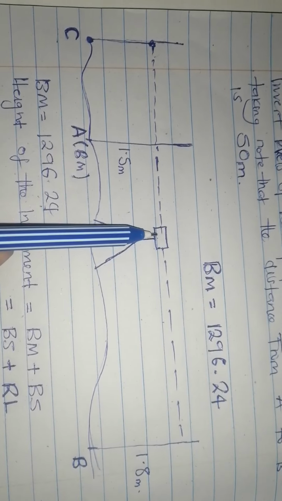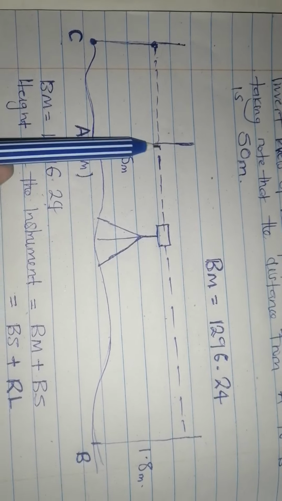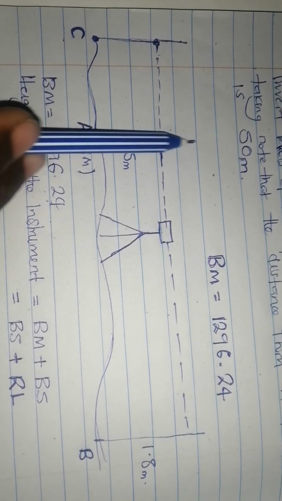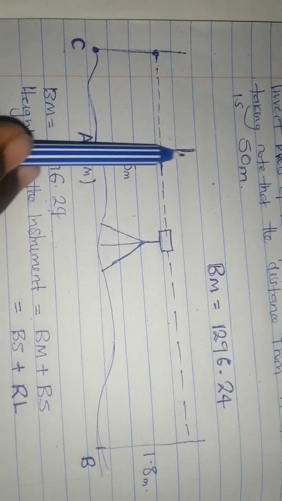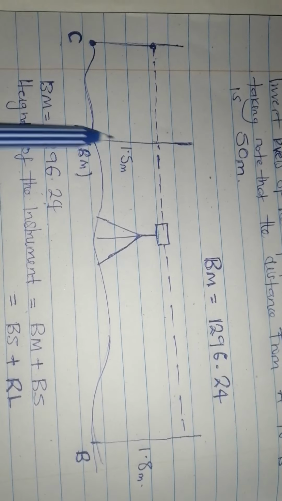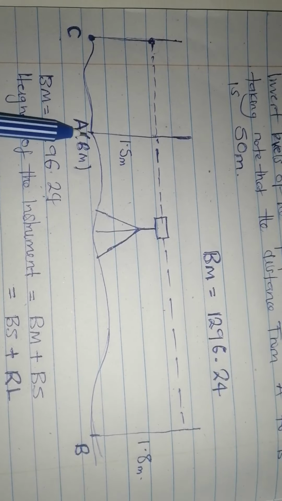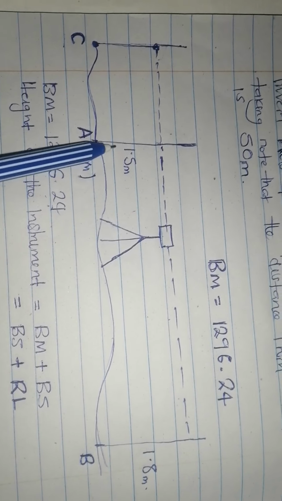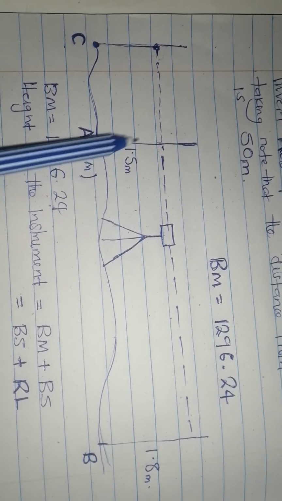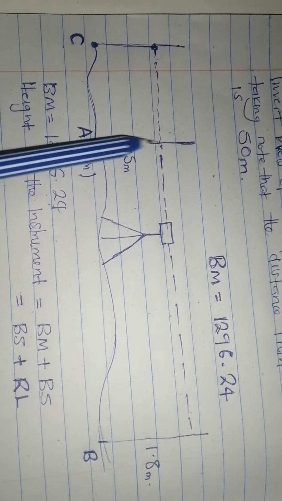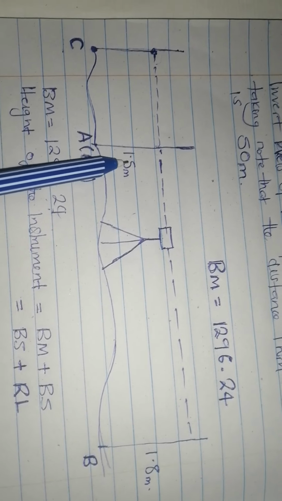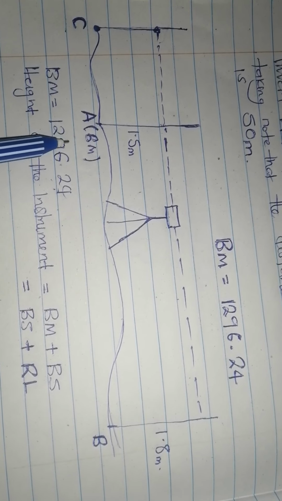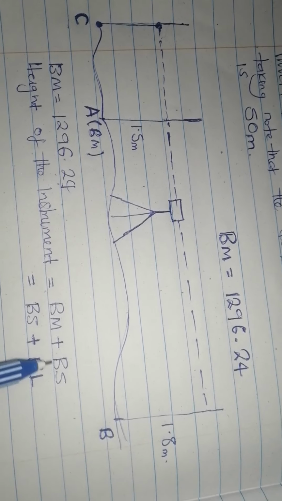So you orient your machine to this point. This line here, we are assuming that this is a staff. You've put the staff on your benchmark there, and then you read the staff there. You find it is giving you 1.5. From that particular point to that particular point, the distance is 1.5. So you find the height of the instrument.